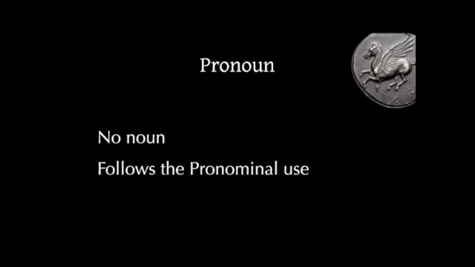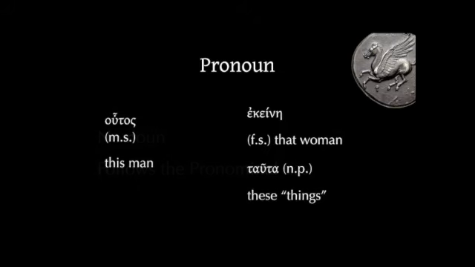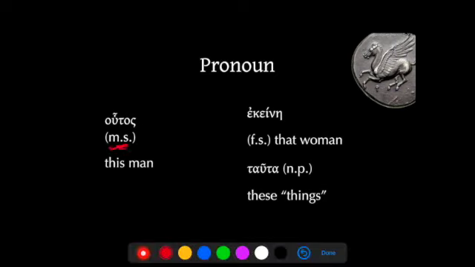As a pronoun, there's not going to be any noun, and so it's just going to follow the pronominal use. And so houtos, since it's masculine singular, I'm going to translate it as this man. Ekeine, since it's feminine singular, I would translate it as that woman.